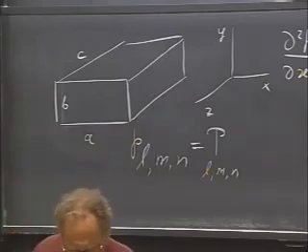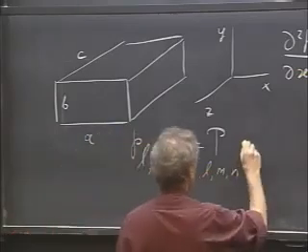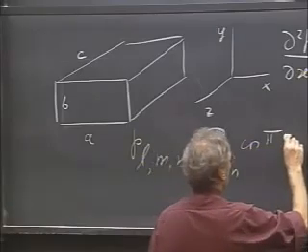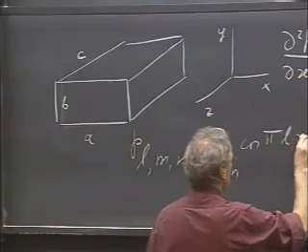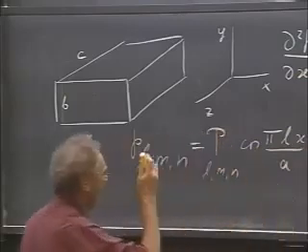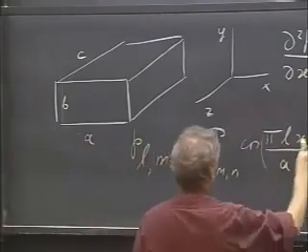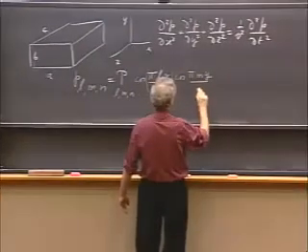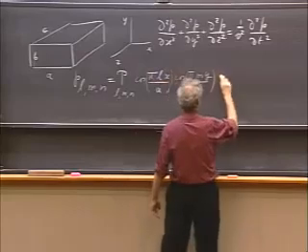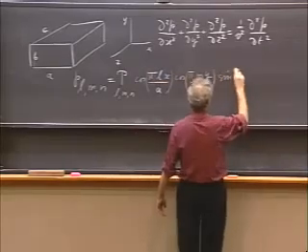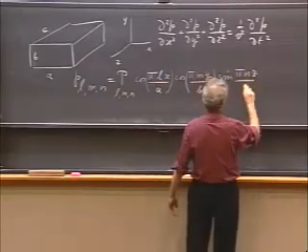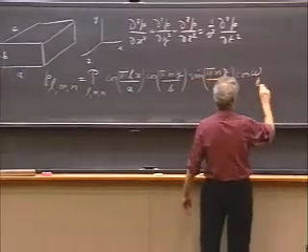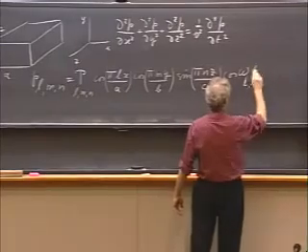So I give them the index L, M, N, and then you get the cosine of pi times L times x divided by a, and then the cosine of pi times M times y divided by b, and then the sine of pi times N times z divided by c, and then the cosine of omega L, M, N times t.